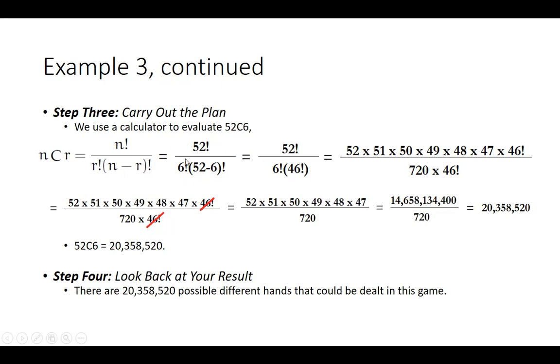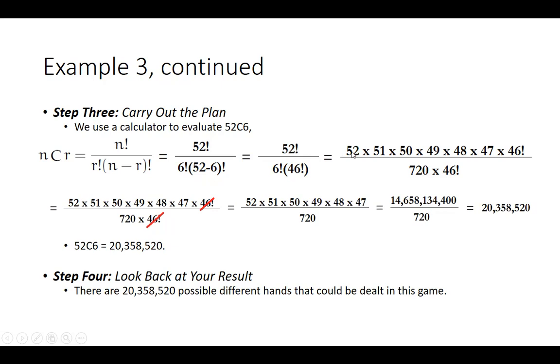So plugging in those values, we have 52 factorial over 6 factorial times 52 minus 6 factorial. Simplifying a bit, 52 minus 6 is 46. So we have 52 factorial over 6 factorial times 46 factorial on the bottom.